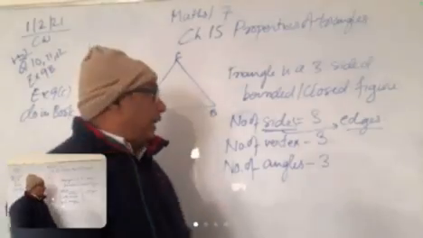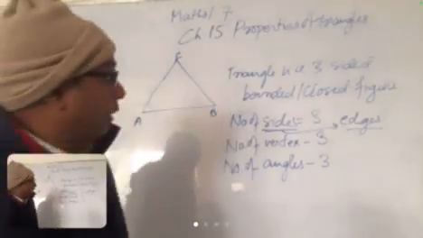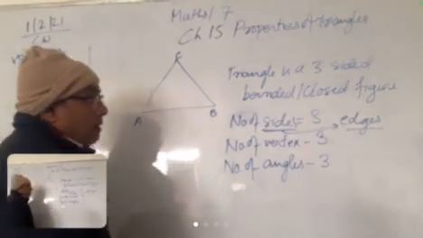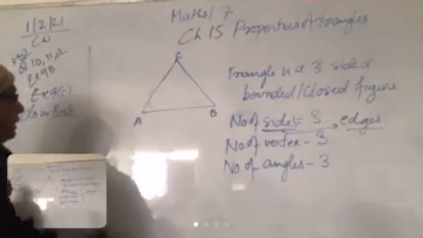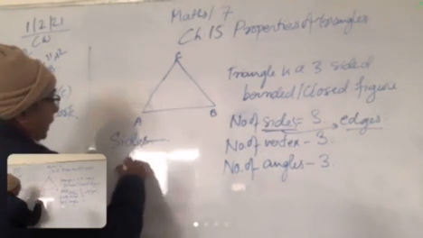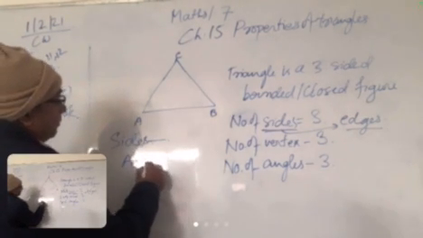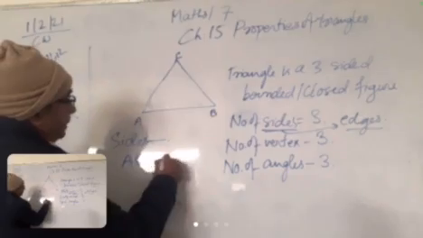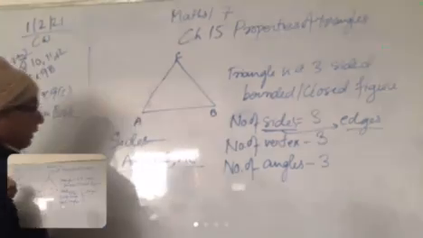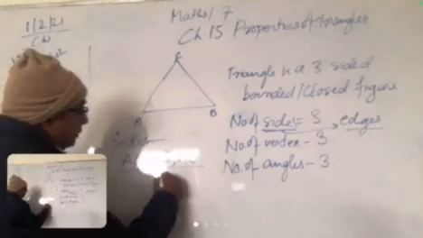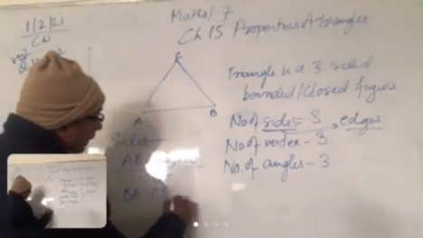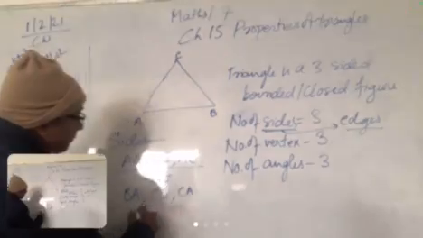There are 3 sides. Now let us see the sides. How do we write the sides? Copied? AB, BC and AC. These are the 3 sides. Or we can write like this also, BA, CB and CA.